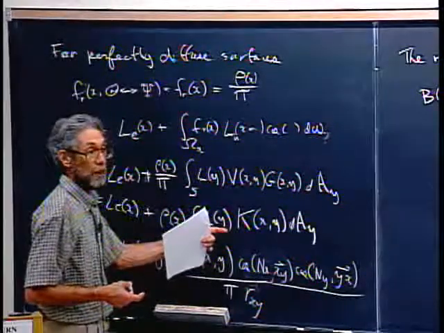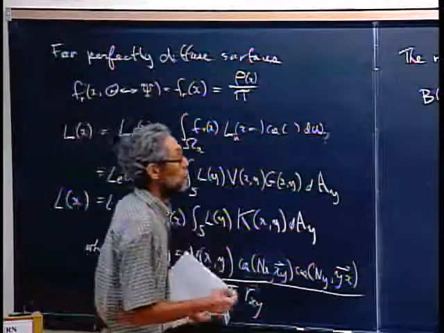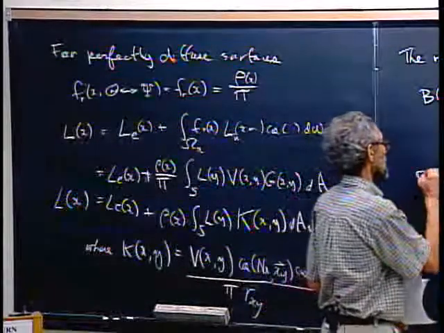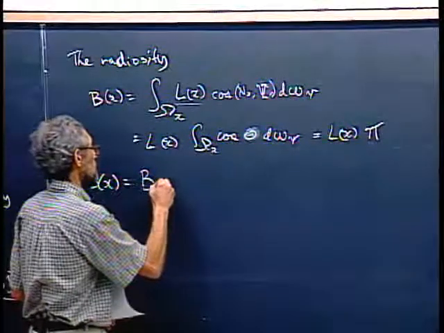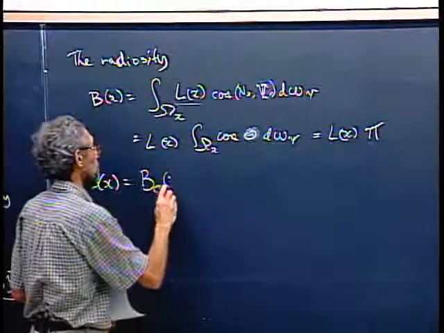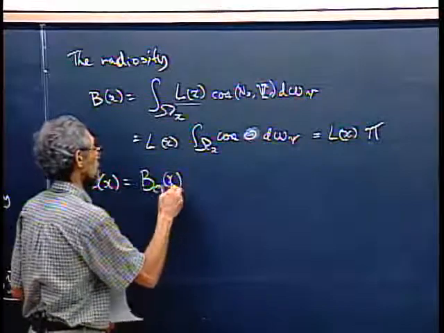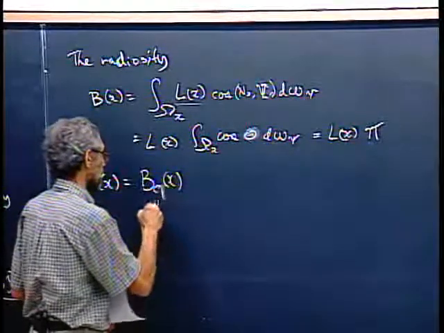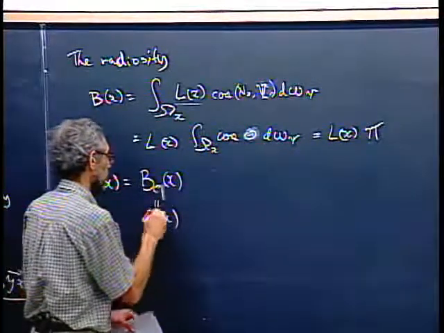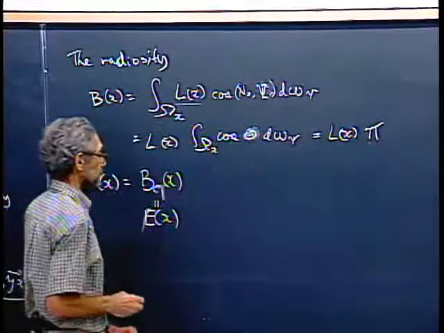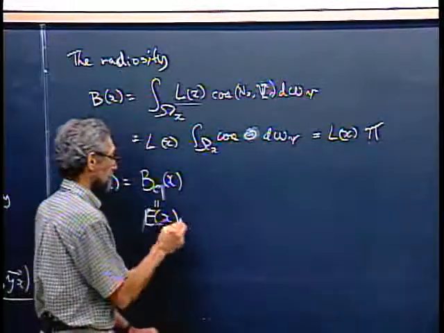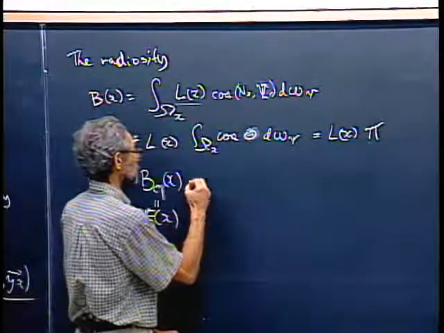And this will be multiplied by pi too. So we can say B of x equals, in the book they call it BE of x. I would just call it E of x because we had the emissivity. Normally other texts on radiosity just call it E of x, and that's what I'm going to do most of the time.